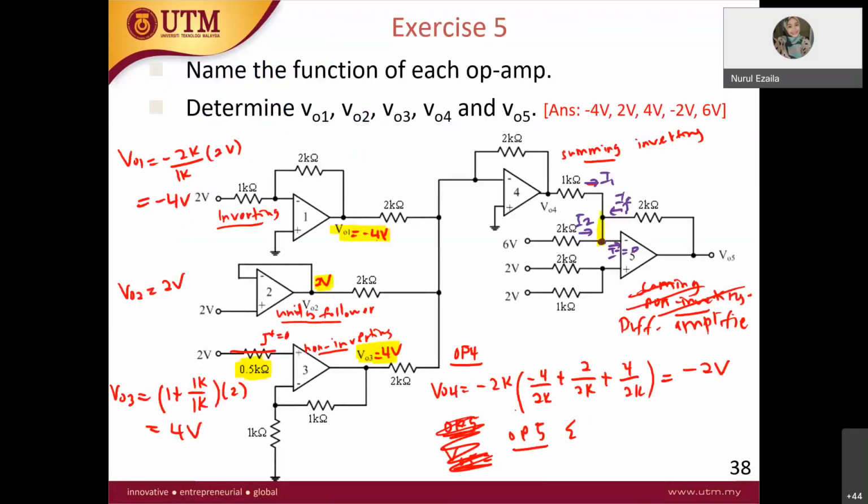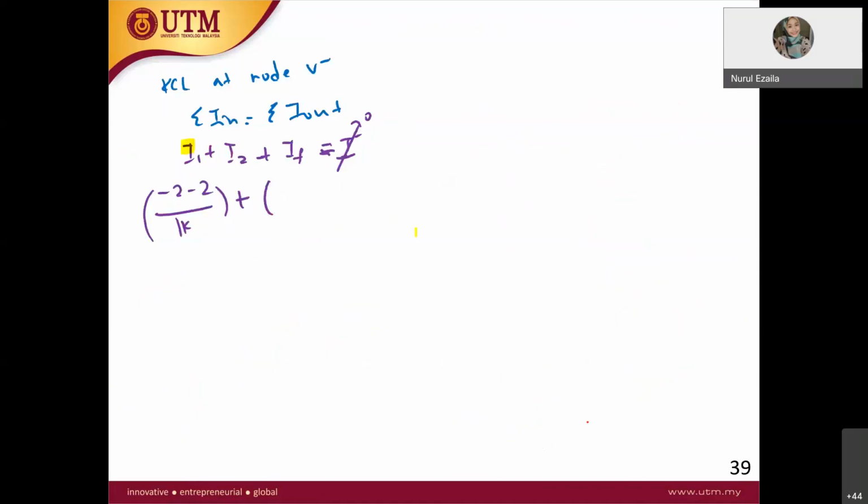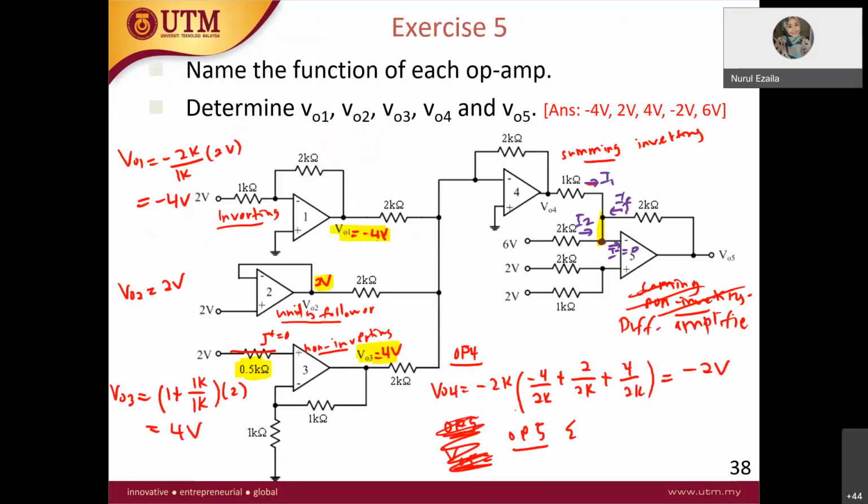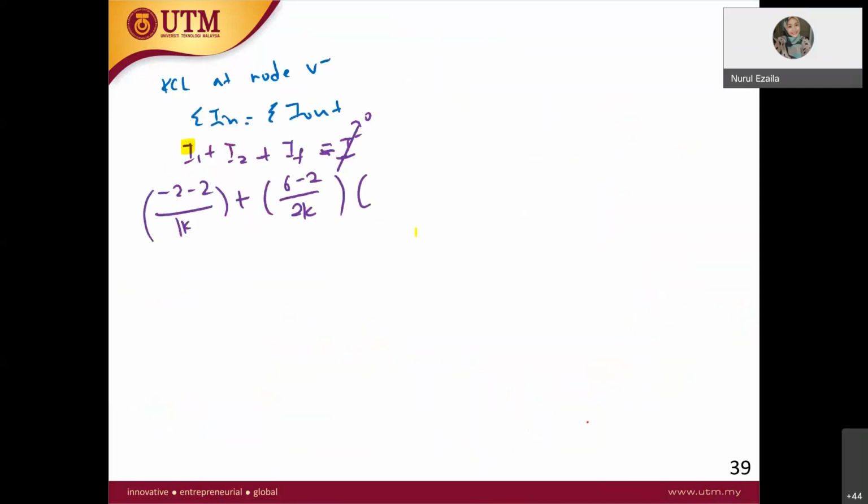I2 is 6 minus 2 over 2k, while I feedback is from V out 5 minus 2 volt over 2k. So here you will get negative 8 plus 4 plus V out 5 minus 2 equal to 0, and it is V out 5 equal to 6 volt.